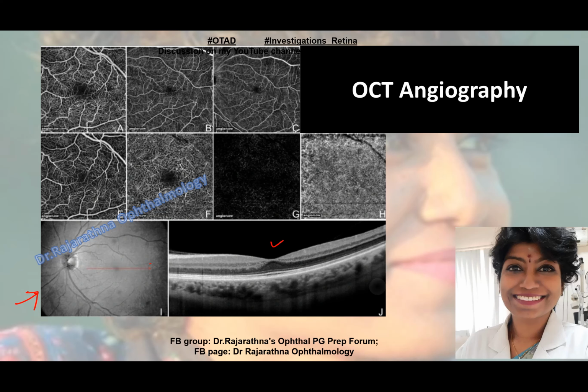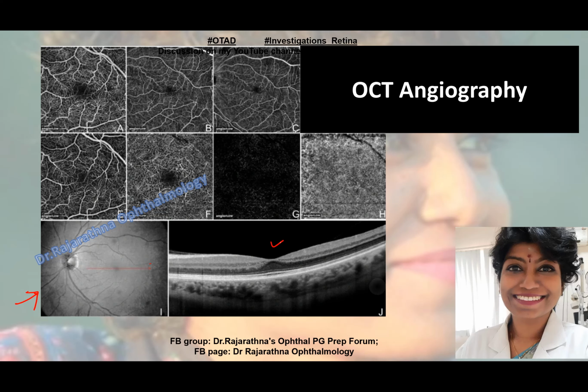Okay, and now what is the information we're getting on E, F and G? So E shows you the superficial capillary plexus. Now the superficial capillary plexus is located around the ganglion cell layer and the RNFL.